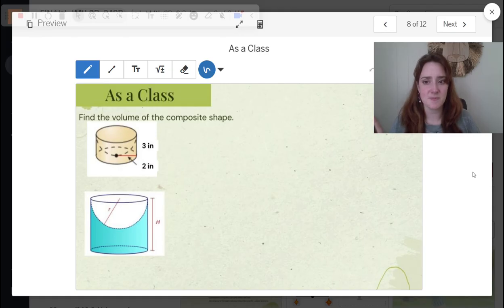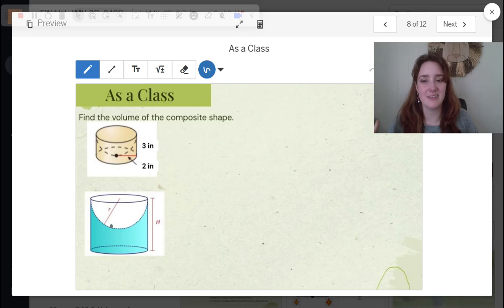All right. So I want to find the volume of this composite shape. I gave this visual from the side to see what's going on here. We've got this cylinder, and then we've got this sphere cut out from the cylinder. If you can visualize that, maybe this is like an ice cream bucket.